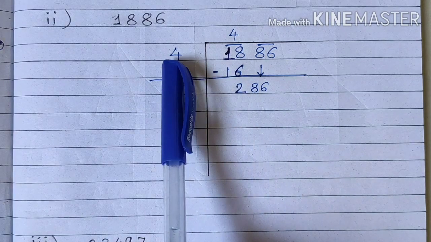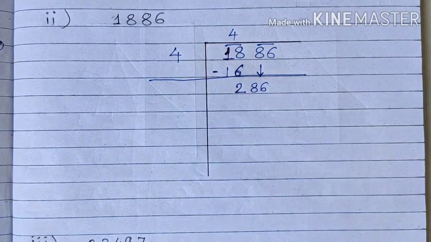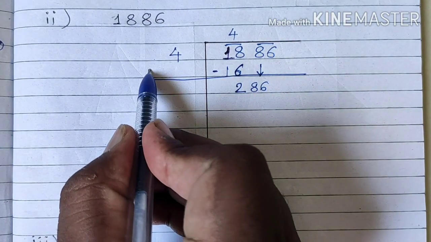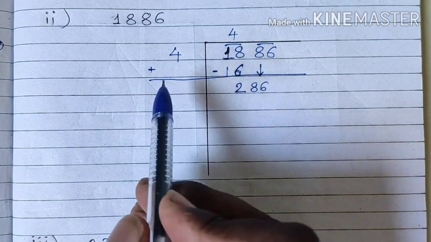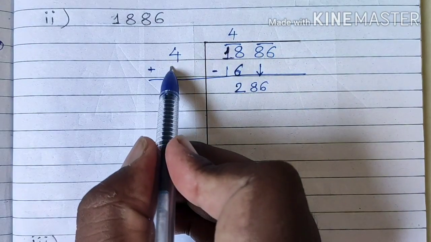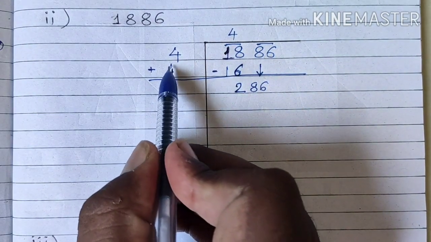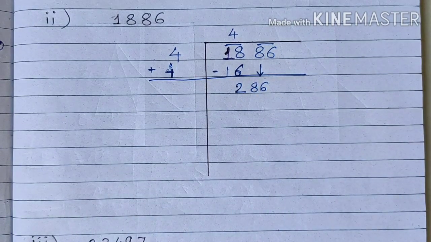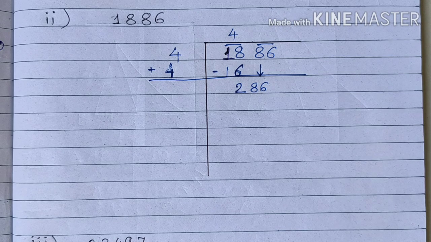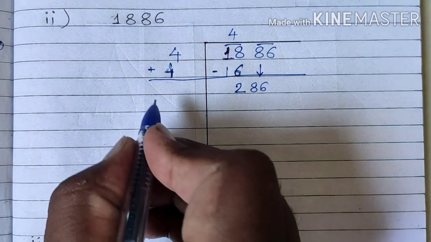Now what we have to do here with this 4? Add 4 to it. Whatever number we are writing here, the same number we have to add to the first divisor, which is 4. 4 plus 4 is 8.